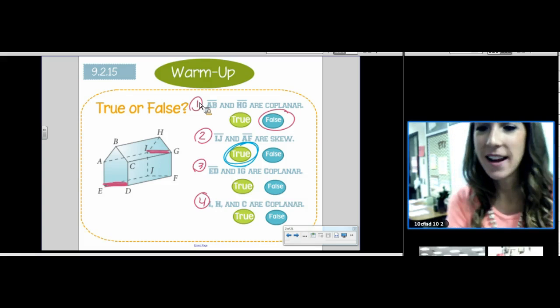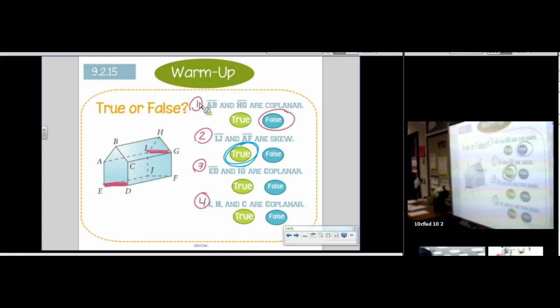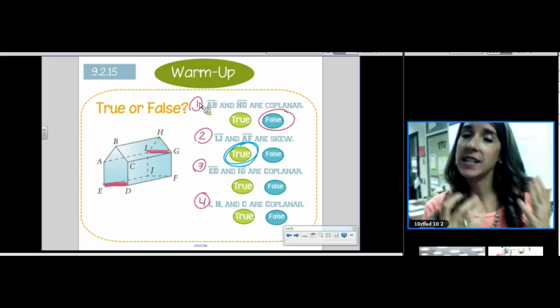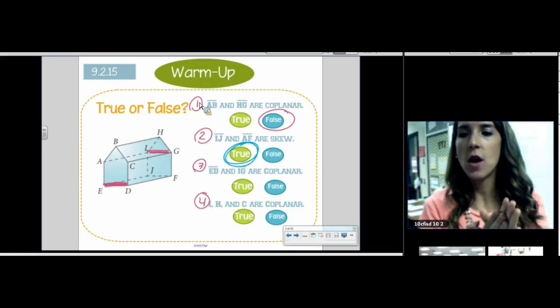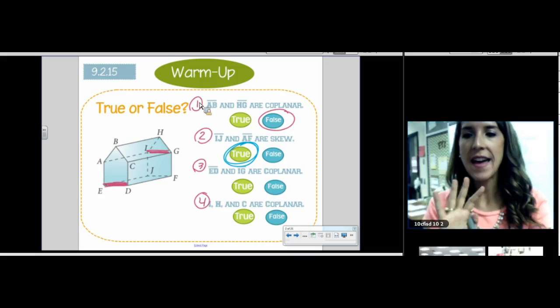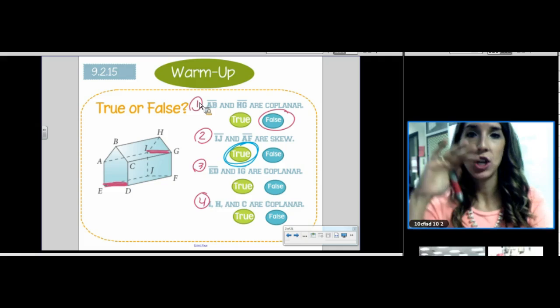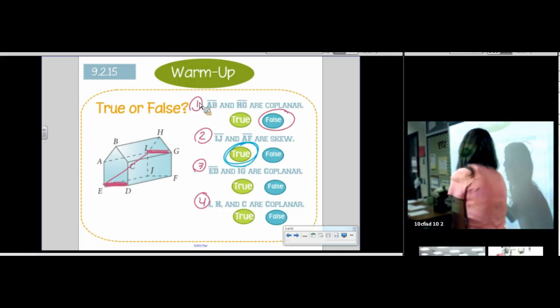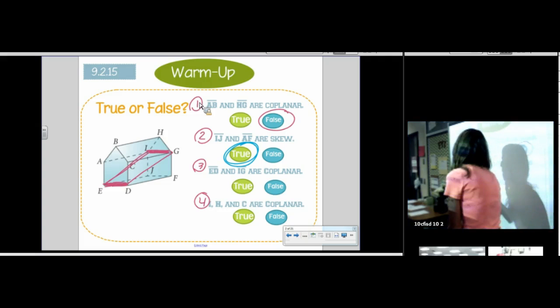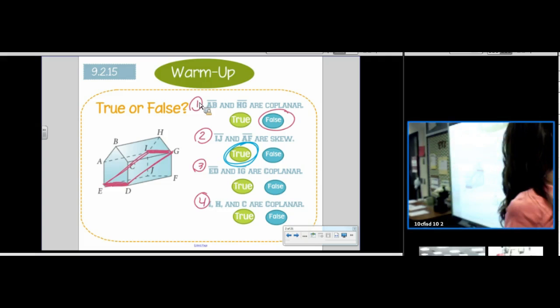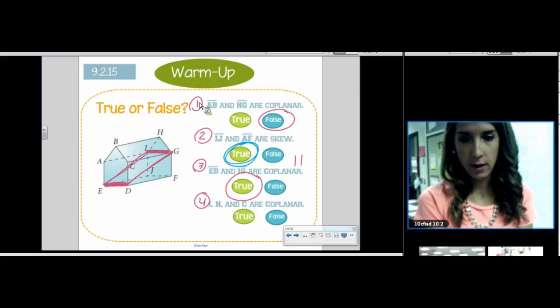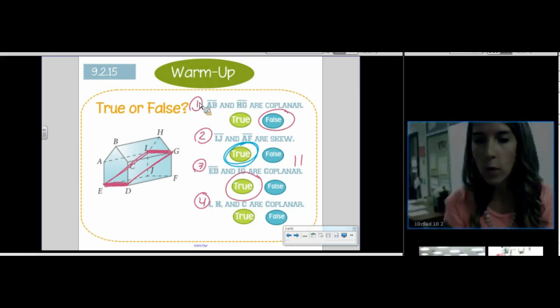Just because they're not in a plane that represents the face of your figure, not in one of the planes I could touch on the outside, they are coplanar because they both lie in this plane right here. They're parallel, and by definition, parallel segments have to be coplanar. They're always coplanar.